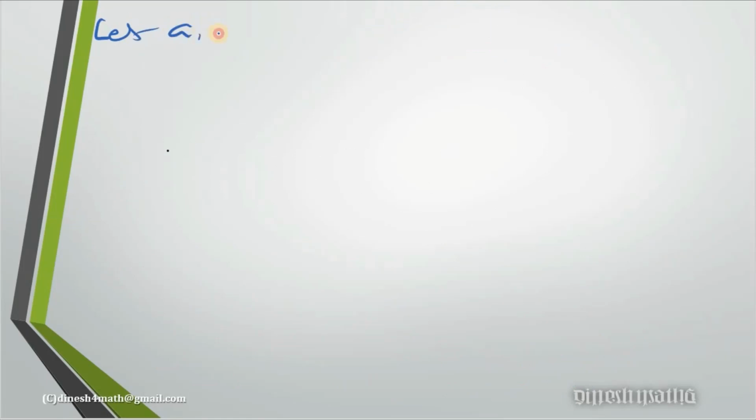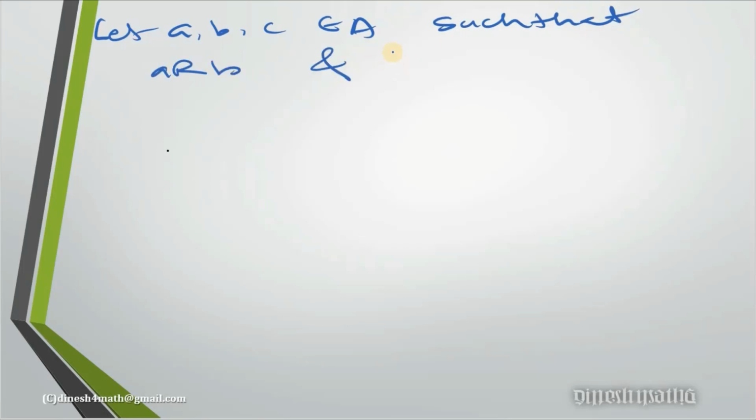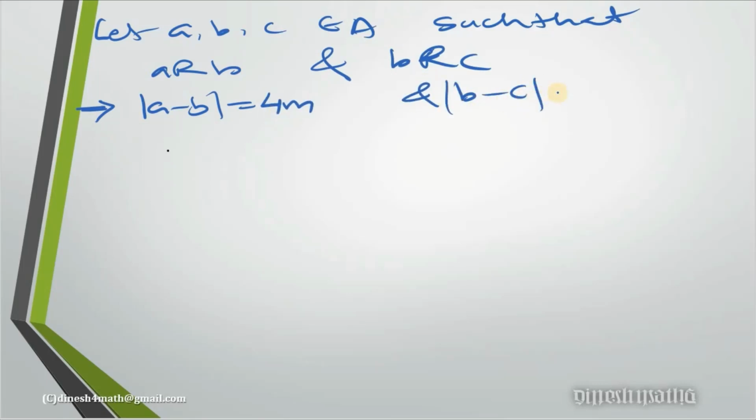Therefore, R is a symmetric relation. Let a, b and c be in A such that a and b are related and b and c are also related. So a related to b and b related to c. Now here we will write how they are related. So magnitude of a minus b is a multiple of 4 and magnitude of b minus c is equal to 4n.